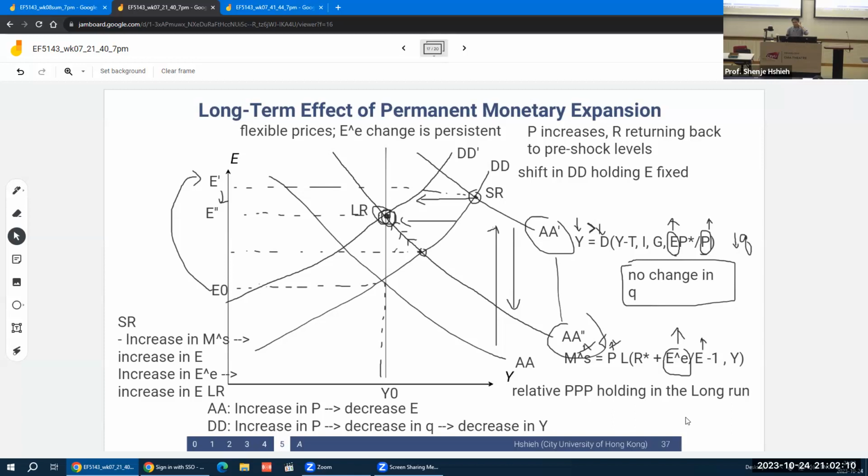And so in the end, just like the short run analysis, you get no change in Y, obviously, and a final elevated E than before, right? Because E double prime is still higher than E naught. So ultimately, you still have a depreciation of the home currency.